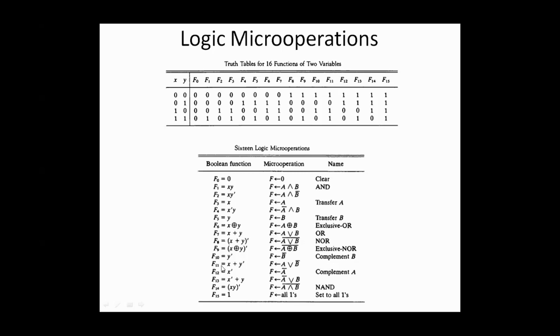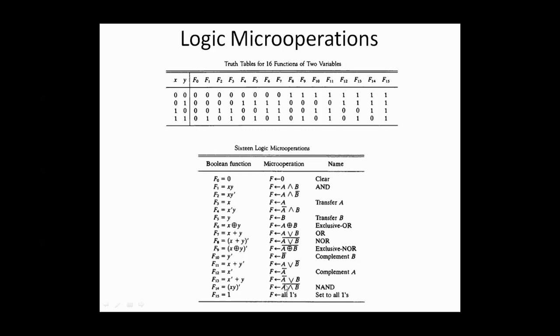Fine. And F11 will be X plus Y bar, can be represented like this. F12 is X bar, that means the complement of the register A. F13 is X bar plus Y, which is like this, and F14 is not of an AND, which we call as NAND.